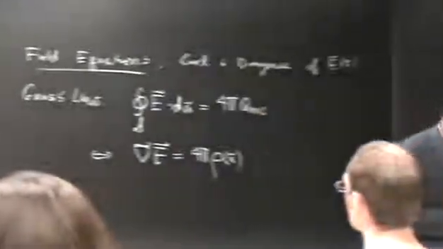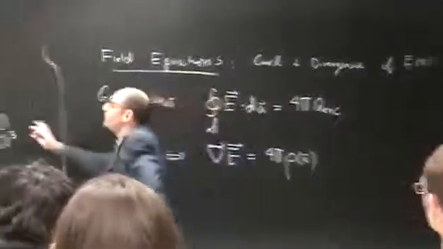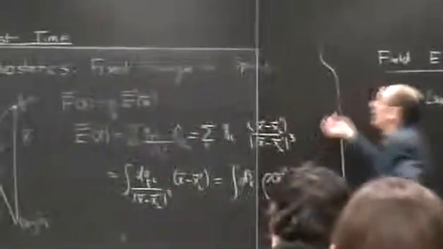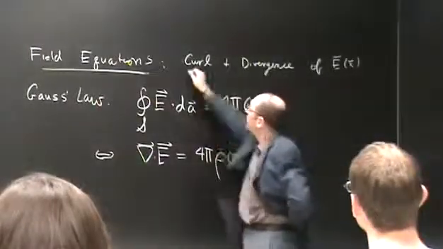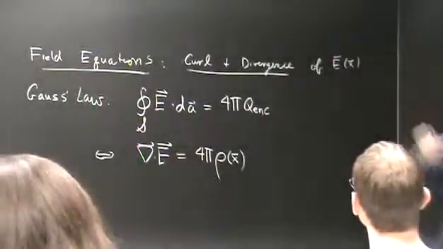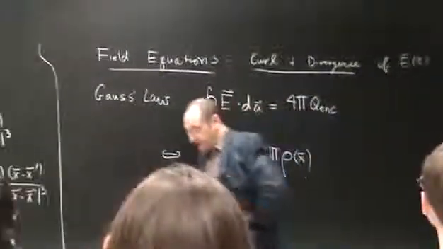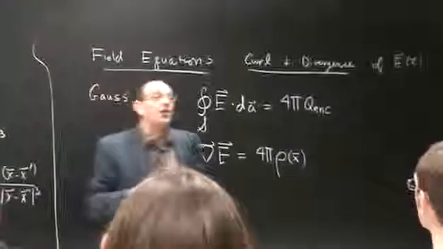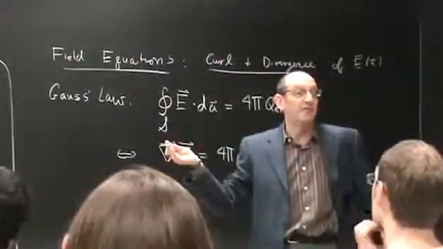And to remind you, this formal solution derives from what are Maxwell equations for electrostatics, or the field equations. And to define our field, we need to define the curl and the divergence. As you see in your homework assignment, if you know the curl and the divergence of the field, then you have a formal expression for the field.